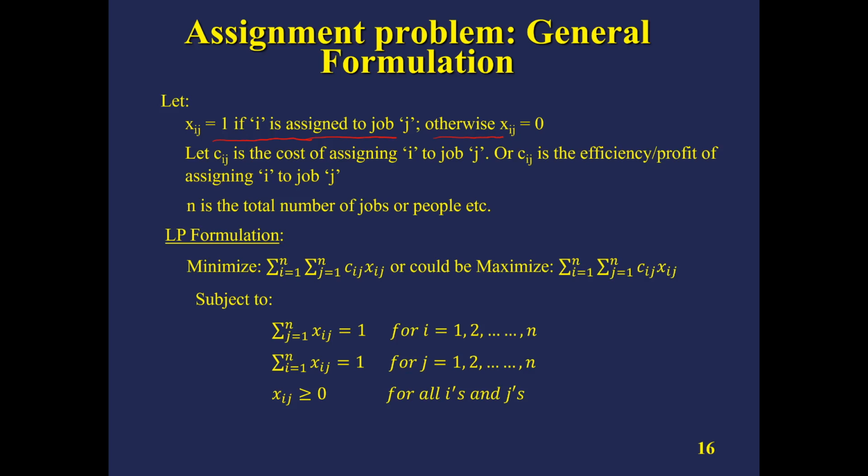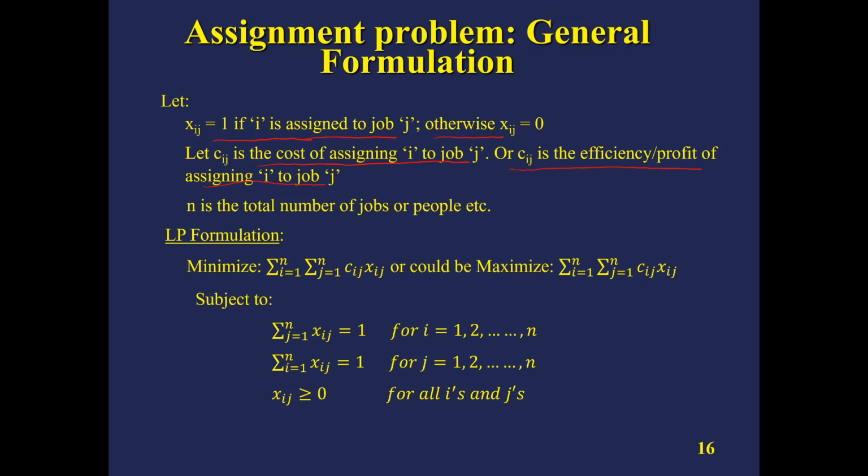Let Cij be the cost of assigning i to job j. Now it could be a minimization problem or a maximization problem. The problem of lawyers we discussed earlier is a maximization problem. So in that case, Cij represents the efficiency, effectiveness, or profit of assigning i to job j. And n is the total number of jobs or people.